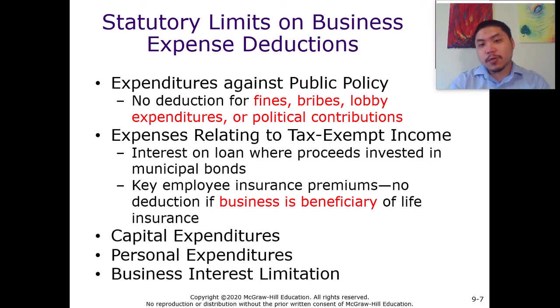So some companies buy life insurance for the employee, but make themselves the beneficiary of the policy, right? So if something happens to the employee, and the employee cannot work, or passes away somehow, then the one who receives the payout from the insurance is going to be the business, right?